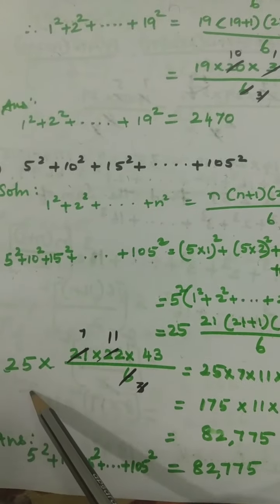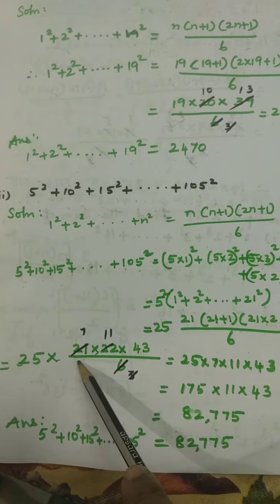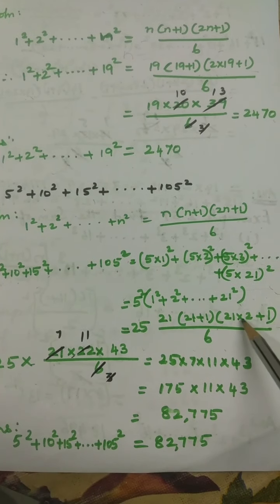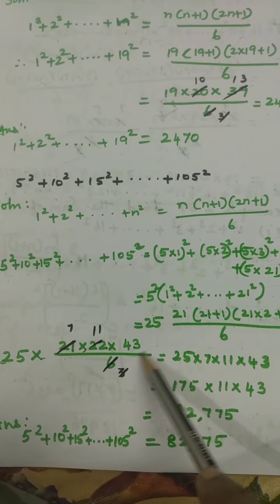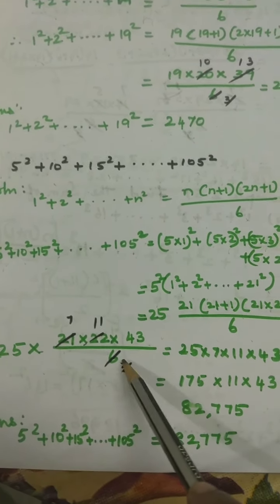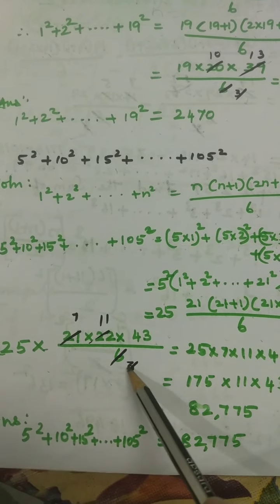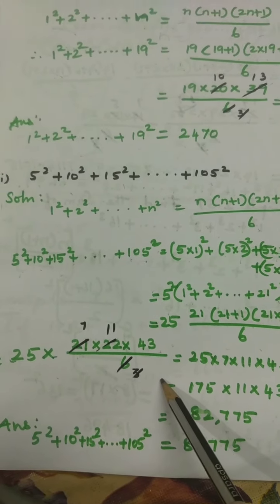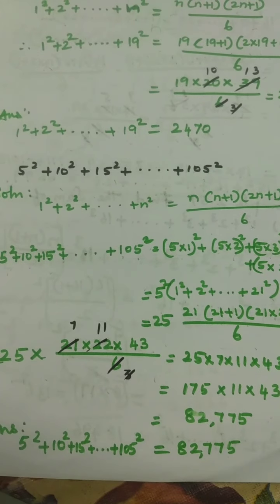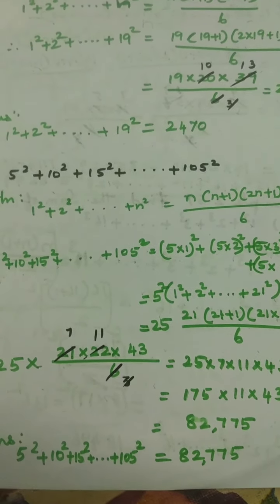Now 25 into 21 into 2 times 21 is 42, 42 plus 1 is 43, divided by 6. You can cancel 21 and 6 by 3 table.